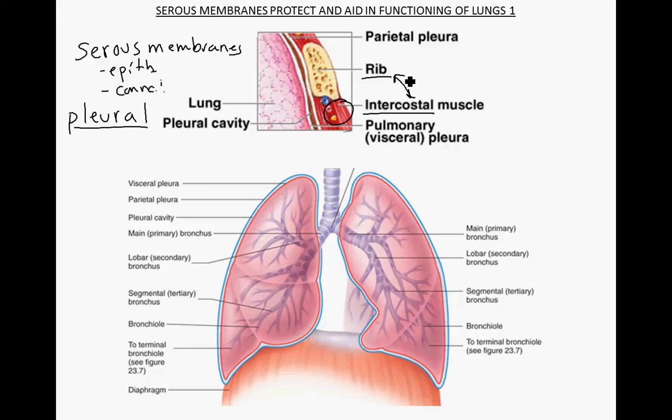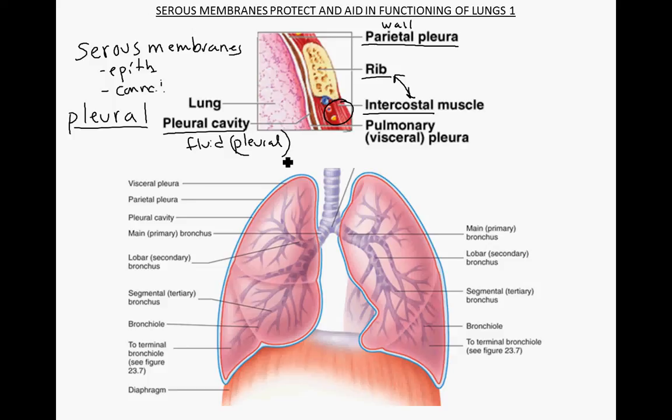So anything costal is dealing with ribs there. So the serous membrane that is attached to this chest wall is the parietal pleura. Right, parietal is wall. And then there's a space there, this pleural cavity, which is going to be full of pleural fluid. So we call this the pleural fluid.